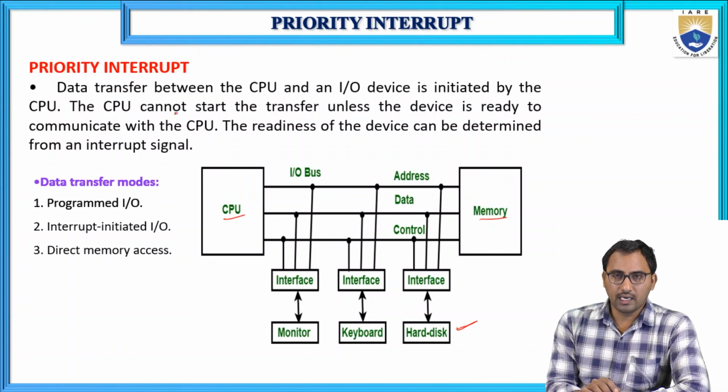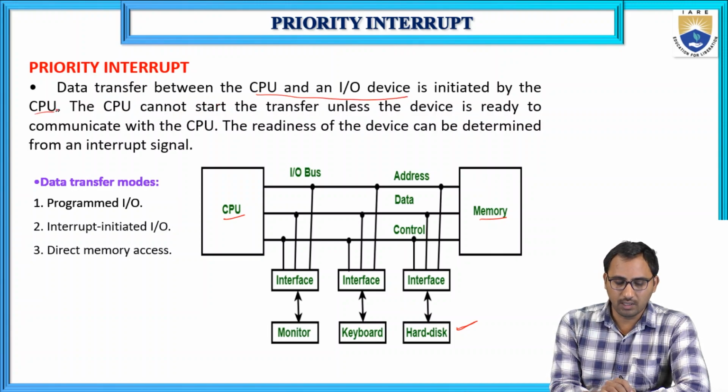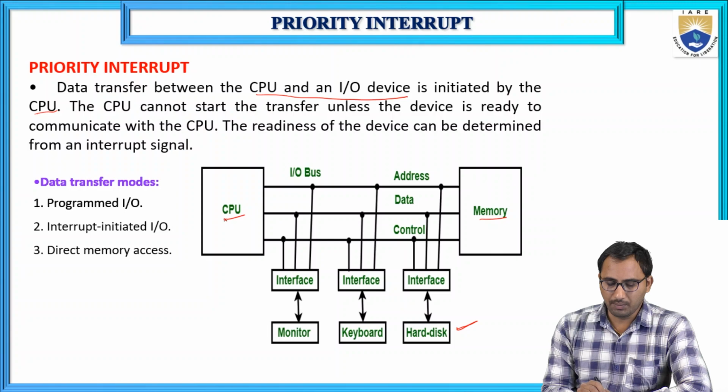The data transfer between the CPU and the I/O device is initiated by the CPU. When we have connected several I/O devices with the CPU, there is a data transfer between the CPU and the I/O devices.